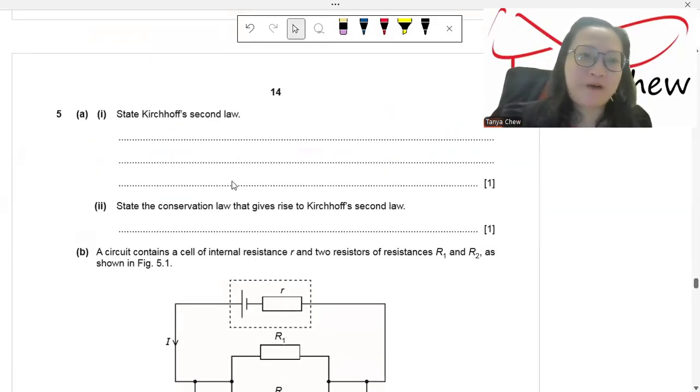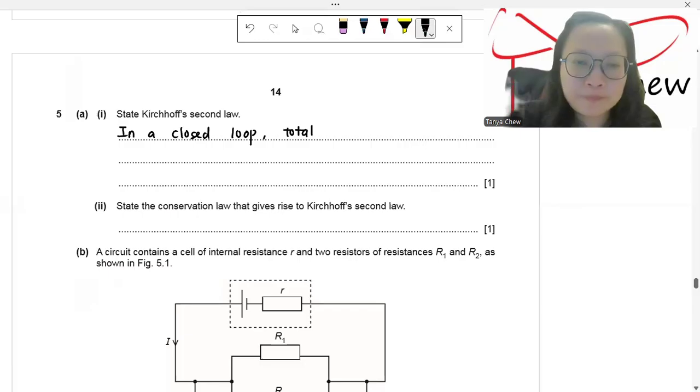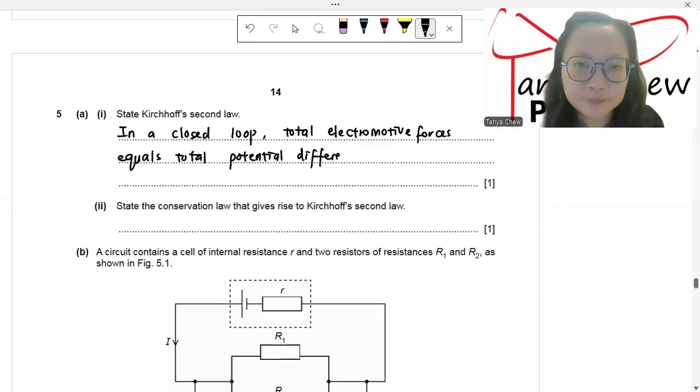The next one, question number 5, part 1, state Kirchhoff's second law. For Kirchhoff's second law, it states that in a closed loop, this is super duper important, total electromotive forces, or you put EMF, equals total potential differences.